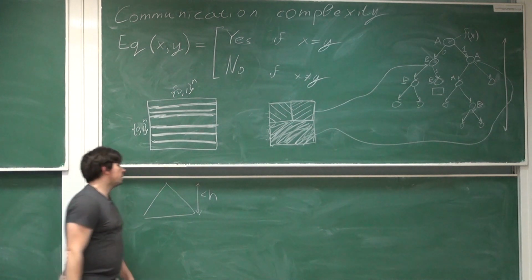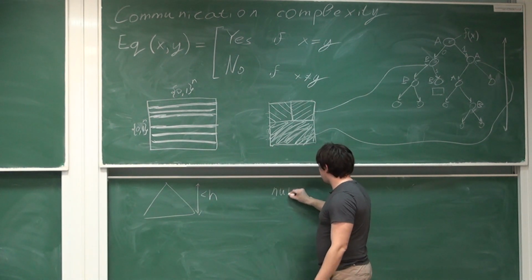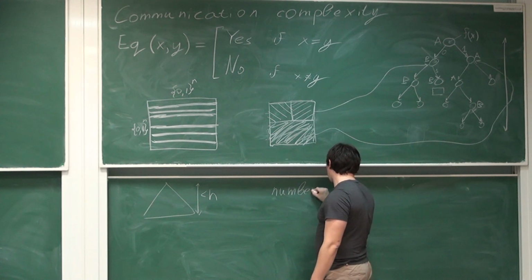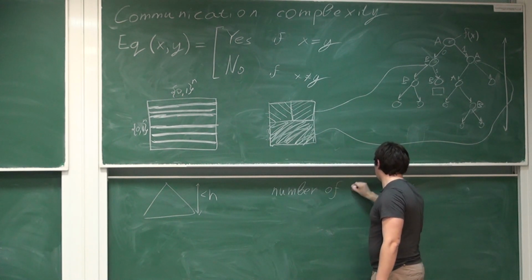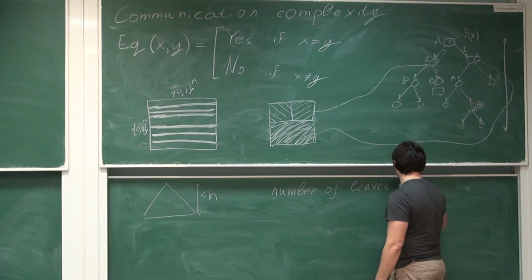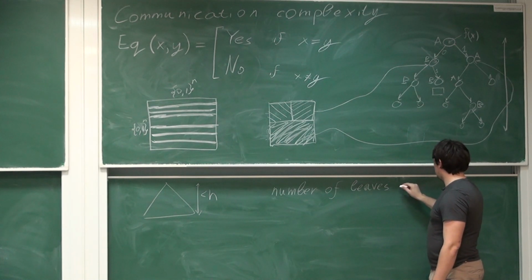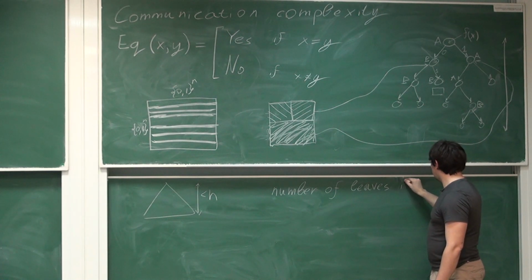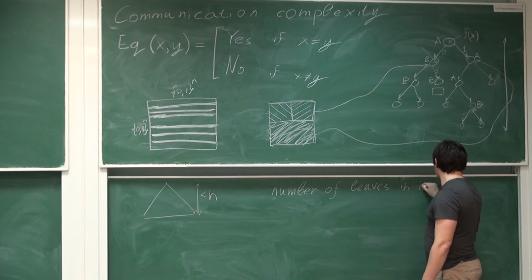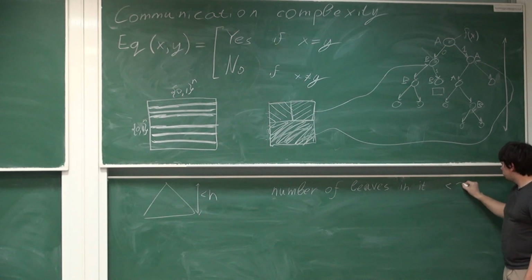So then the number of leaves in it is strictly less than 2 to the n.